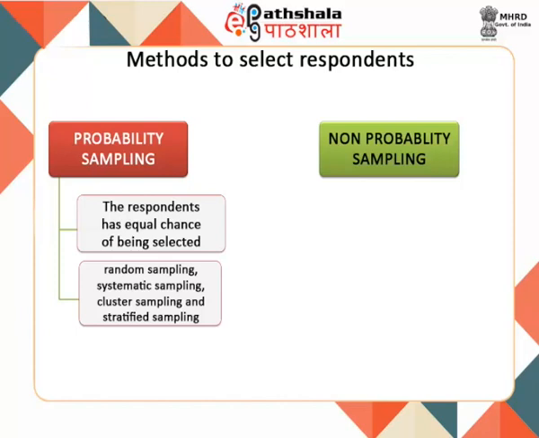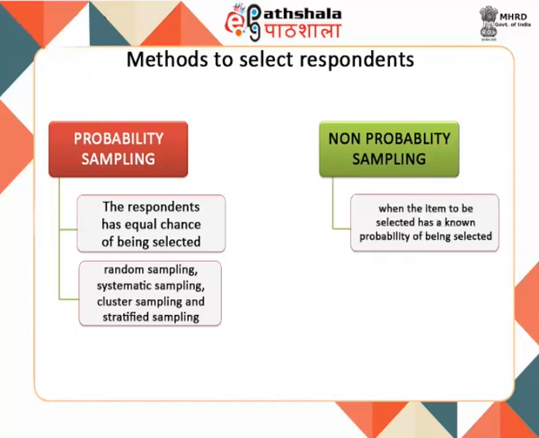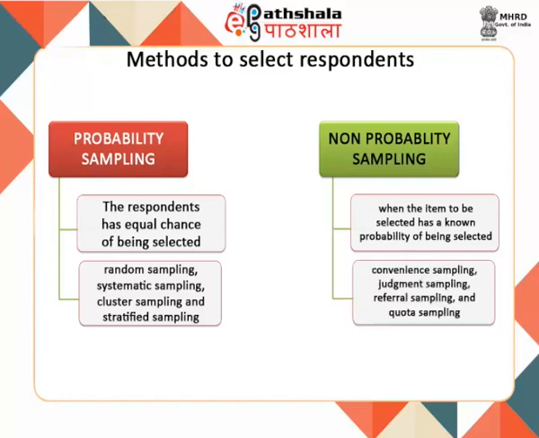Non-probability sampling is used when the item to be selected has no known probability of being selected. It includes methods like convenience sampling, judgment sampling, referral sampling, and quota sampling.